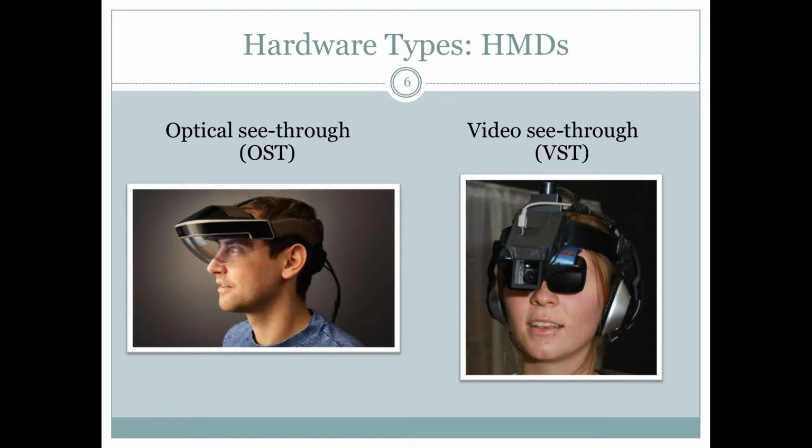Video see-through devices, on the other hand, have a front camera, which can be seen here, which captures a video feed, which is then displayed with the virtual augmentation inside one or two displays in close contact with the eyes.